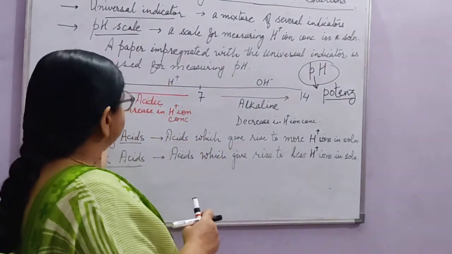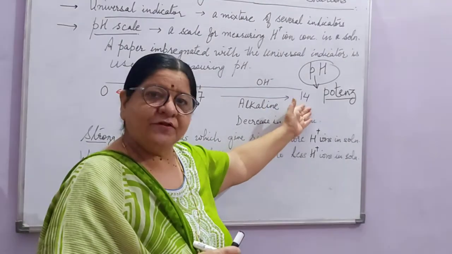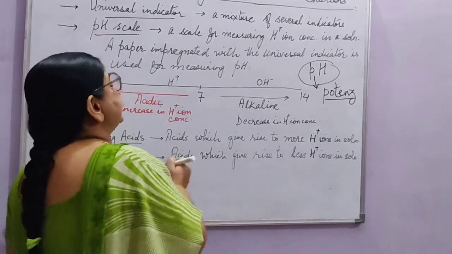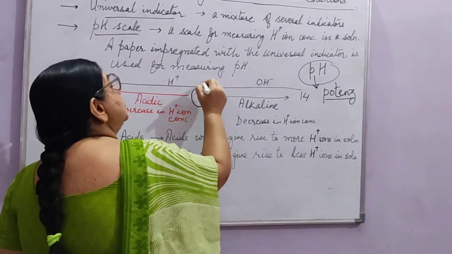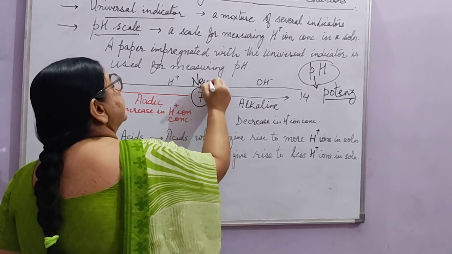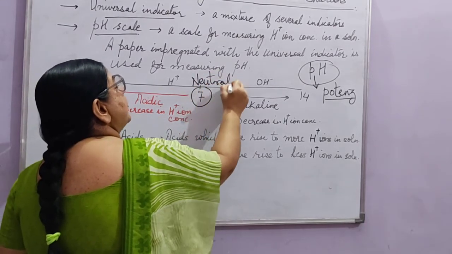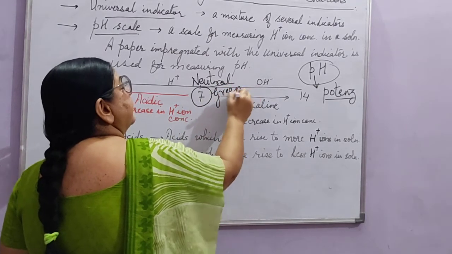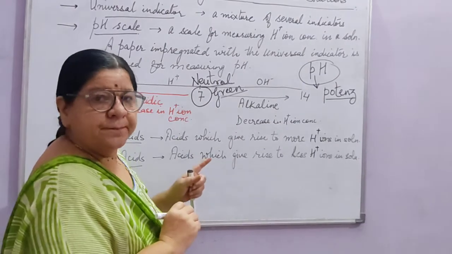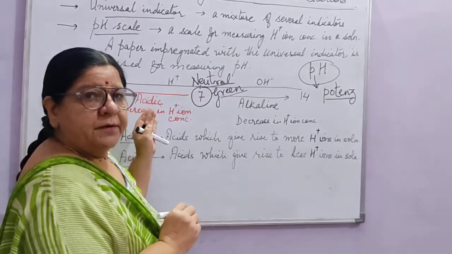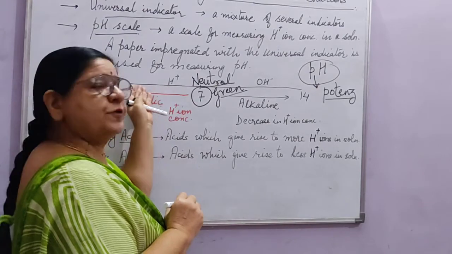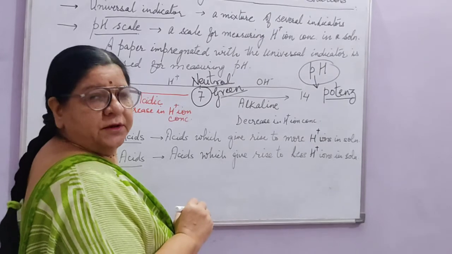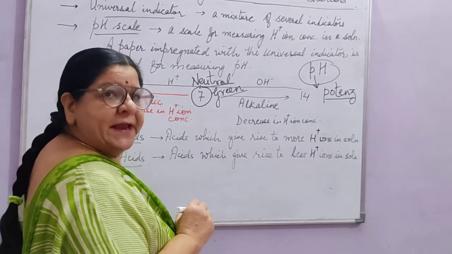Now, what are those different colors? I'll tell you. From 0 to 14 is the range of pH. In between, at 7, it is neutral, which is green in color. Below 7, like 6, 5, 4, 3, 2, 1, it indicates the acidic nature of any solution.